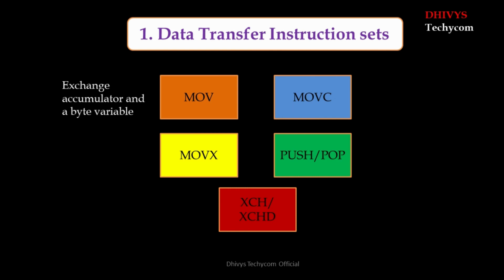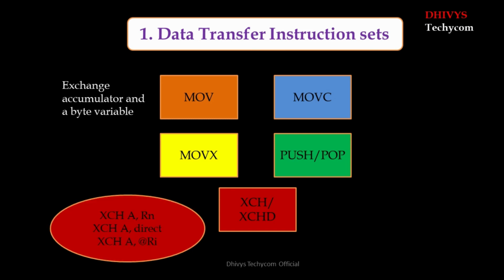So these are the examples. Next one, what is XCH? It is exchange between accumulator and a byte variable. It is not always a byte, it can also be a bit variable. During applications it may vary, right? So what is exchanging? Two registers exchange data. If I'm not mentioning any register, obviously it will be transferring data with the accumulator. That is the main thing.